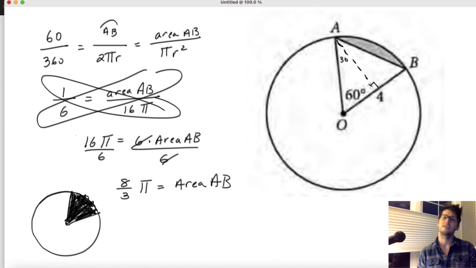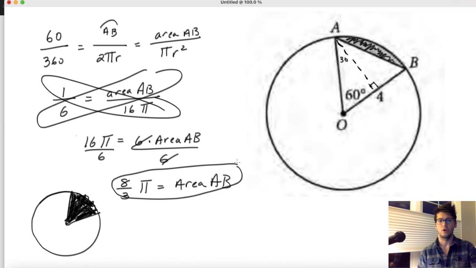I did all this because now I can easily calculate the area of this triangle. If I want to calculate this shaded region, I have to calculate the area of this triangle and subtract it from the area of the segment, which I've already figured out. So knowing about 30-60-90s really helps here.